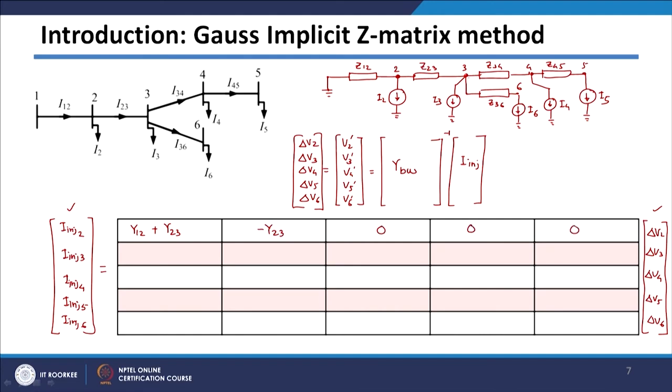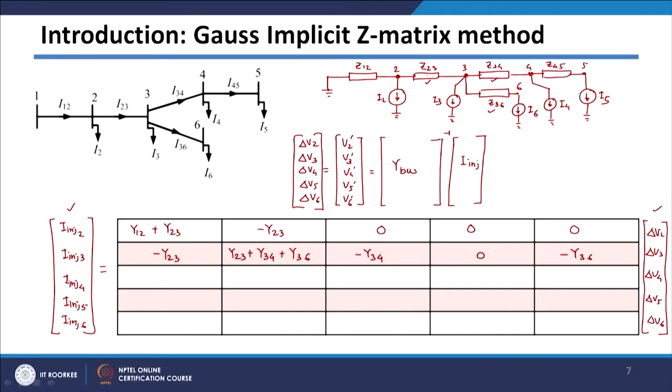Then when we consider node 3, there will be 3 admittances connected, Y23, Y34 and Y36. So for node 3 it is Y23 plus Y34 plus Y36. Then Y23 is between 2 and 3, so here there will be minus Y23, here it will be minus Y34, and it will be minus Y36 because it is between 3 and 6.